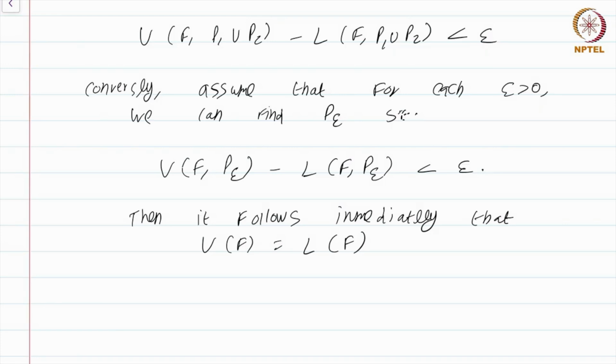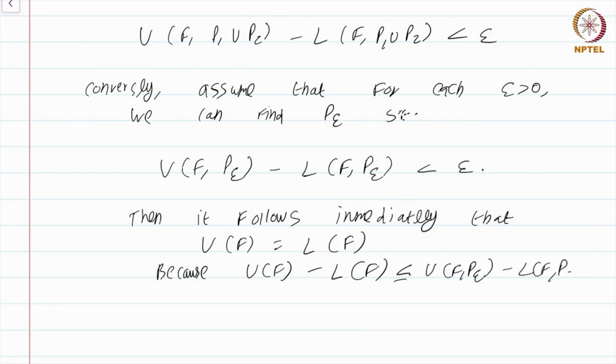Why is this the case? Well, because U(f) minus L(f) is always going to be less than or equal to U(f, P_epsilon) minus L(f, P_epsilon), right? Because U(f) is the infimum of the quantities U(f, P) and L(f) is the supremum of the quantities L(f, P).